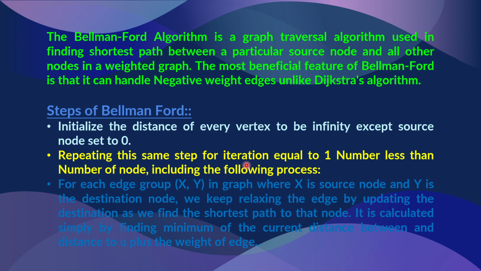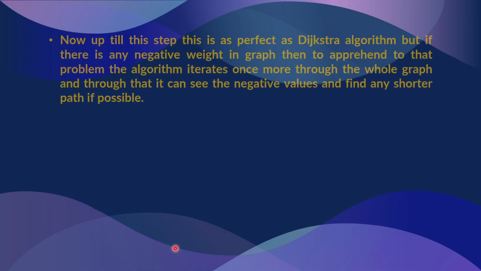The process is, for each edge xy in the graph, where x is the source node and y is the destination node, we keep relaxing the edges by updating the destination as we find a shorter path to that node. So basically, while traversing, you need to update the edges to the shortest path you can find, and thus by traversing in only one particular direction, it becomes more efficient. It is calculated simply by finding the minimum of the current distance and the distance to x plus the weight of the edge.